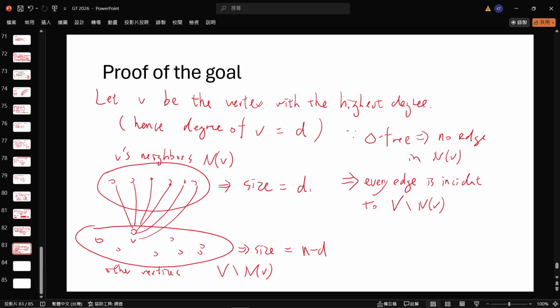Now, if every edge is incident to this set, then I can say that the number of edges is at most the total degree of the set V minus N of v, that is, the total degree of this bottom set.